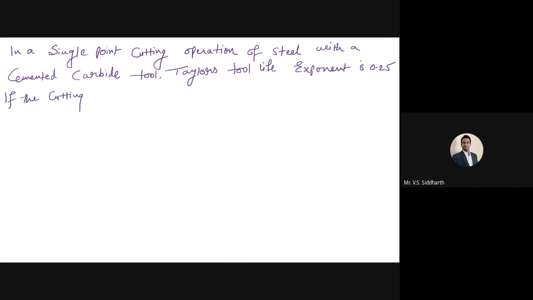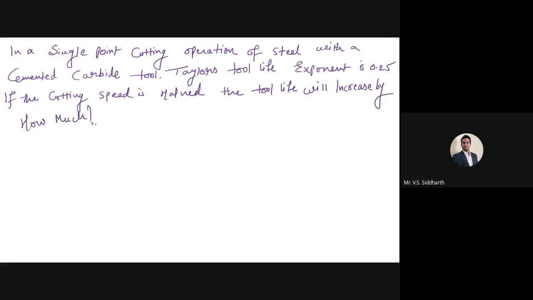If the cutting speed is halved, the tool life will increase by how much? This is also a GATE question. All these questions are GATE questions. Solve it and tell me the answer.